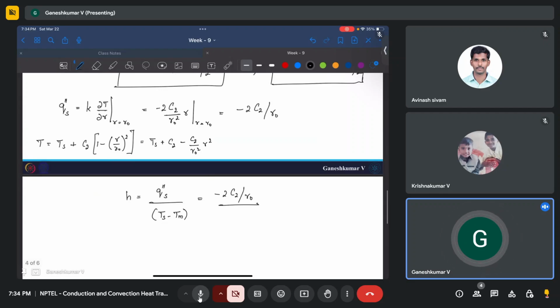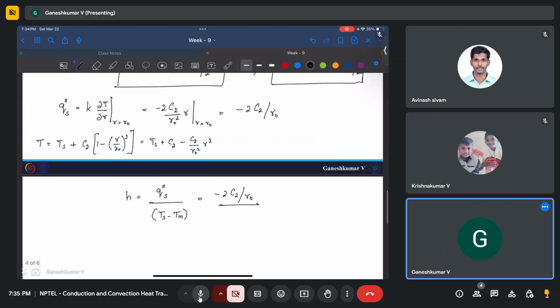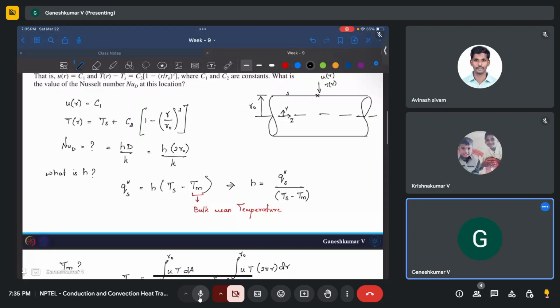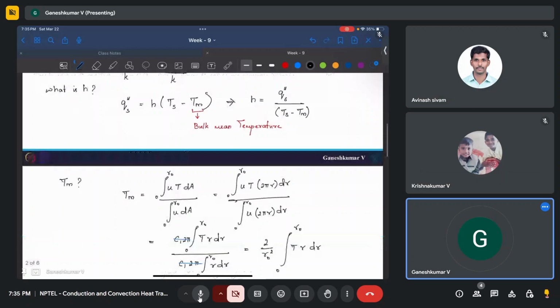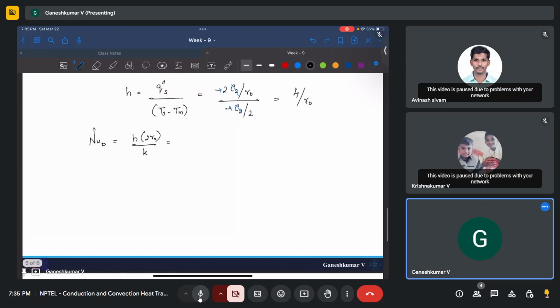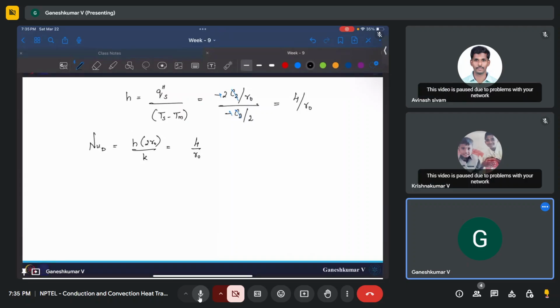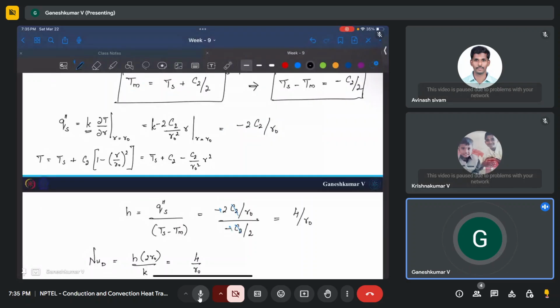Let's substitute in Nusselt number. Nu_D is equal to, what did we find before? It's H into 2 R naught by K. Okay, let's write that: H into 2 R naught by K is equal to, H is 4 by R naught, and I think somewhere K is missing. Yeah. So here we have K, right? So here, K should be here too.